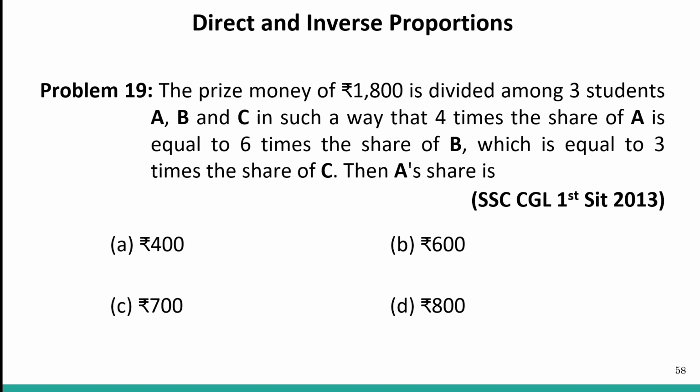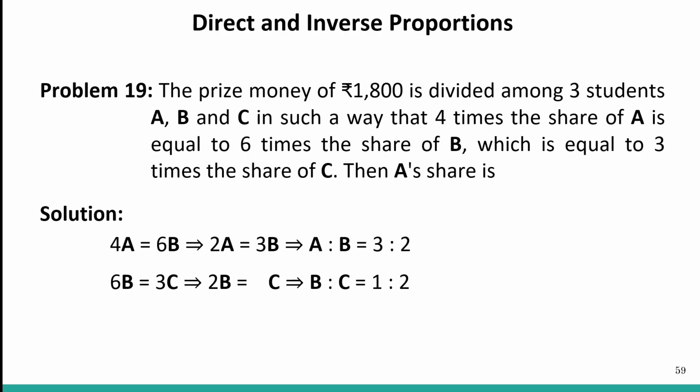Let's see problem number 19. The prize money of 1800 is divided among 3 students A, B, C in such a way that 4 times the share of A is equal to 6 times the share of B, which is equal to 3 times the share of C. This question has appeared in SSC CGL first sitting 2013. So 4A is equal to 6B implies 2A is equal to 3B, so A is to B is equal to 3:2.